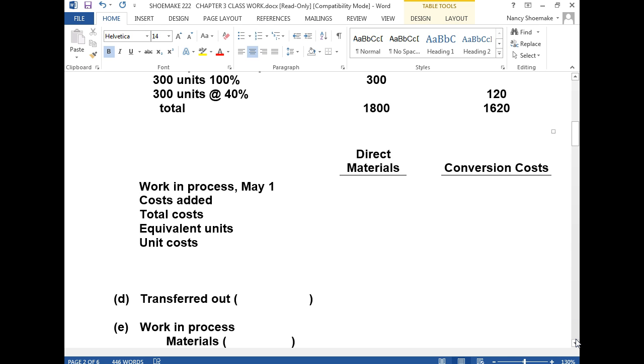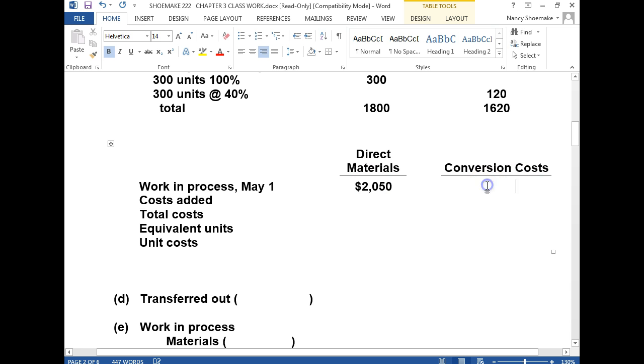So as we move down here, we started the work in process on May 1st with how many dollars? The beginning work in process had material cost of $2,040. See that? $2,040.